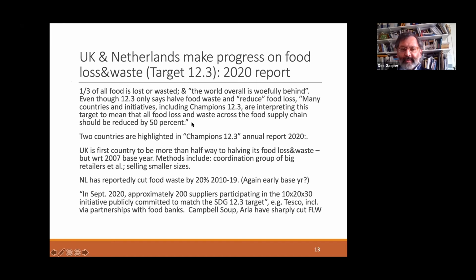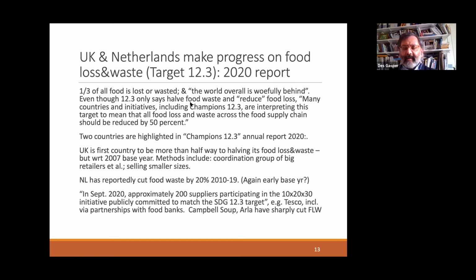So for example, as Amod mentioned, the indicator is now being extended, or the interpretation of the target is extended to cover not just some of the stages of the chain, but it also goes beyond wastage along the supply chain up to the shops or restaurants.